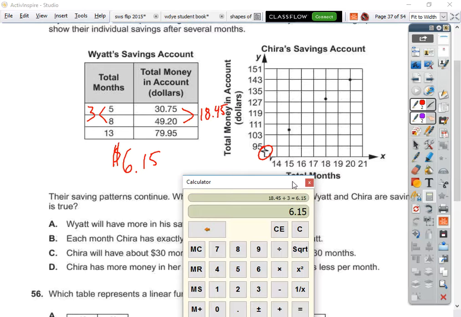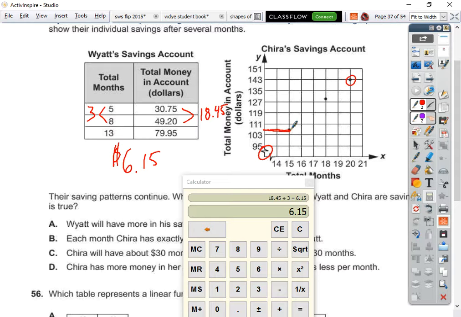Over here, we have, so that has to be 1. Right here, we have 143, and here, let's say we have. Who came up with this scale?